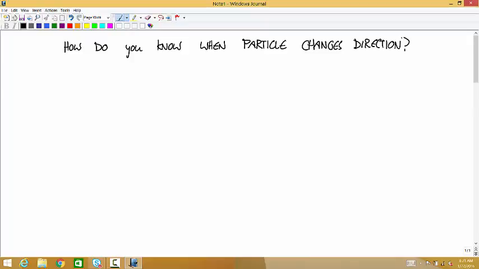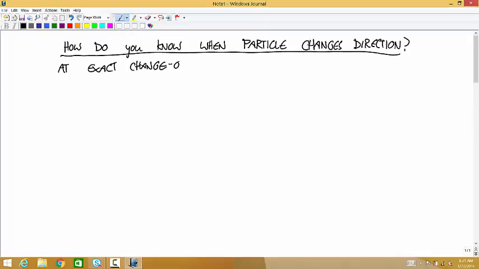When the velocity changes sign. That's right. So the velocity changes sign, and you can look for it mathematically. That's exactly right, by looking for the place where the velocity is equal to 0. It's like looking for a critical point in calculus. At the exact, I'll call it changeover point, the object's velocity is equal to 0.